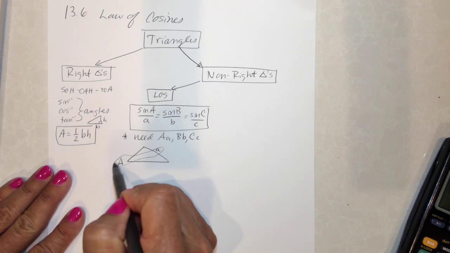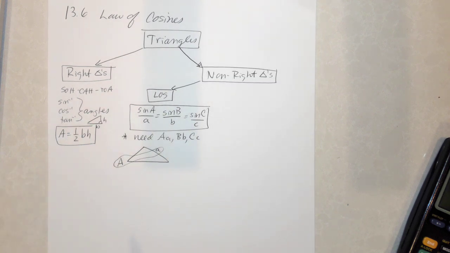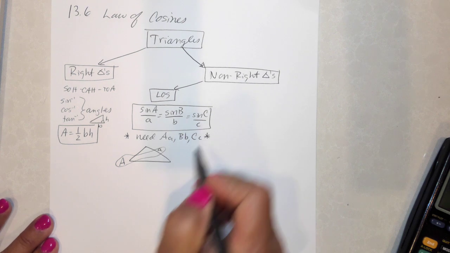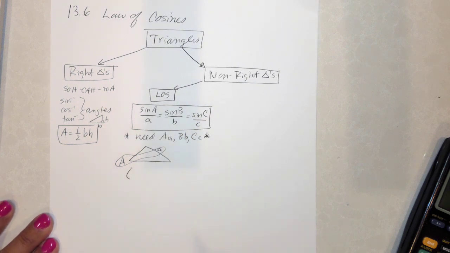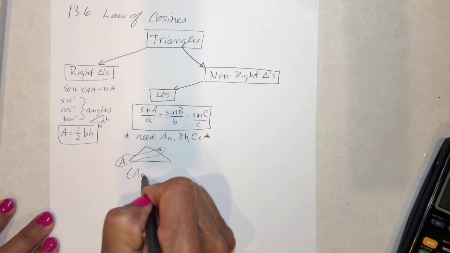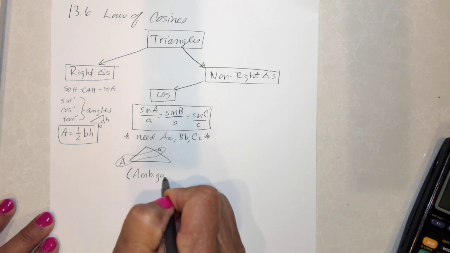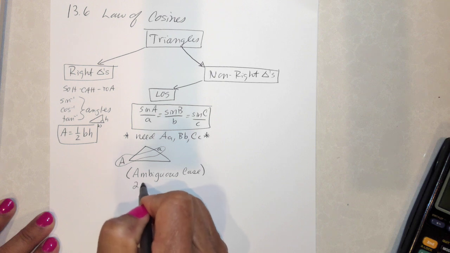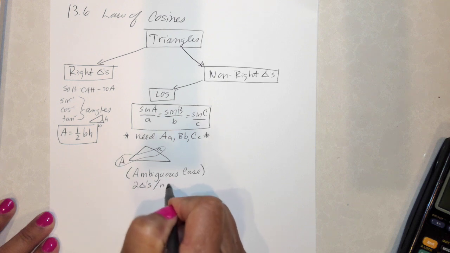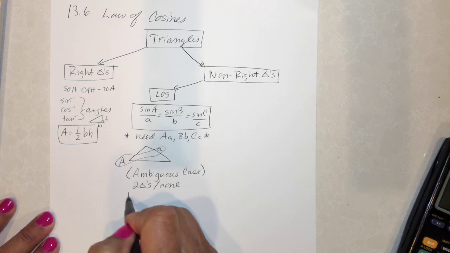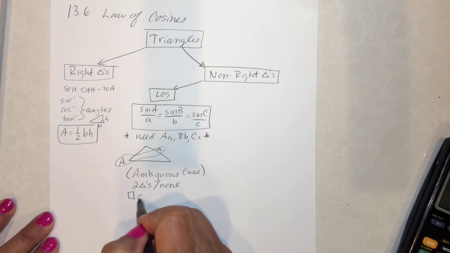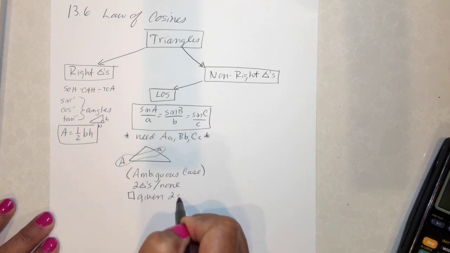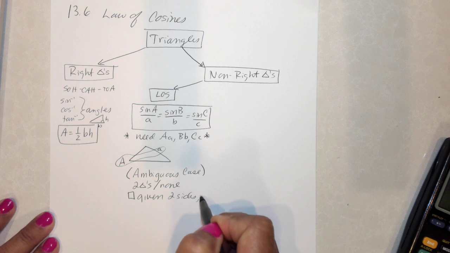So we always had a pair that was given, and that was the only way that we would be able to use this. This one came with a big, bad, ugly issue, and that was the ambiguous case. The ambiguous case meant there was a potential for two triangles or possibly none. And the two criteria for that is that you had to be given two sides and one angle.